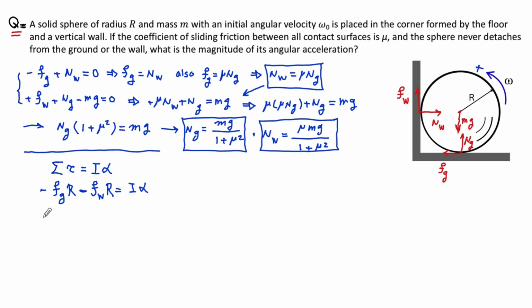So if we substitute instead of Fg, Nw, minus, instead of Fw we can write mu Nw, times r equals I alpha.